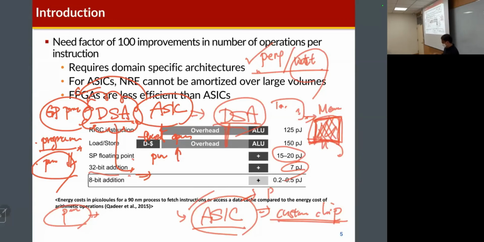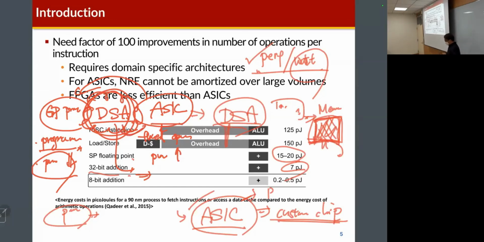But we can also define instructions for the TPU, which means that we can run some specific applications using the TPU. But the processor architecture of a domain-specific architecture is actually very similar to an ASIC.